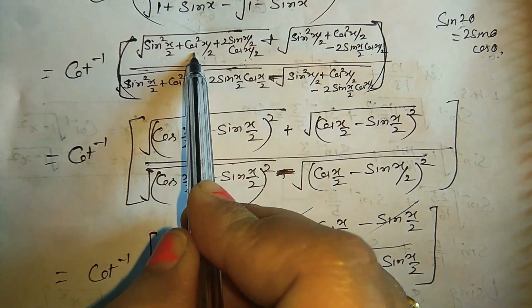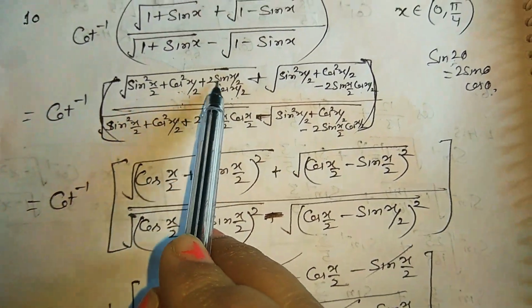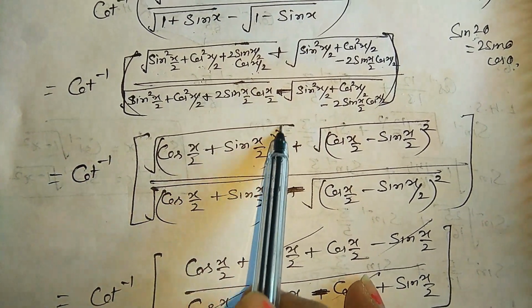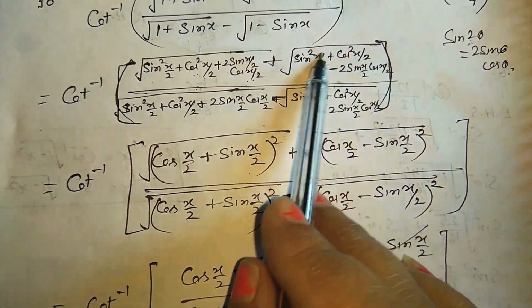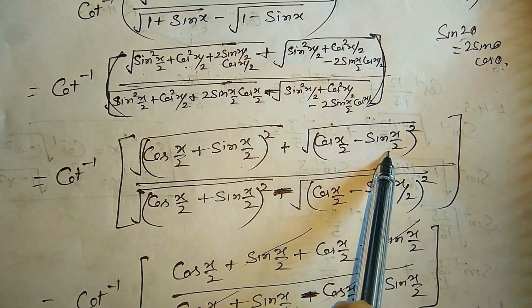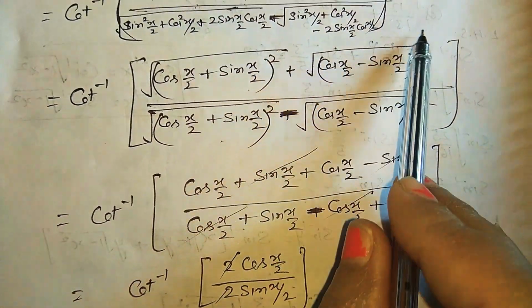So I am taking cos x/2 as a, and this is b. a square plus b square plus 2ab is the formula of (cos x/2 plus sin x/2) whole square. It is also a square plus b square minus 2ab, then (a minus b) whole square, and the denominator is the same. So the square root cancels with the square.